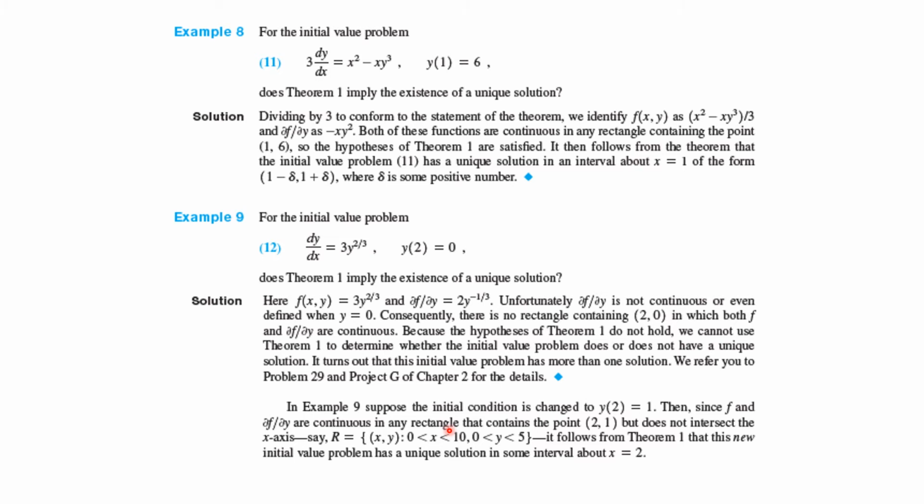Then f and the partial of f with respect to y are continuous in any rectangle that contains (2, 1) that does not intersect the x-axis. So it follows from theorem 1 that this new initial value problem has a unique solution in some interval about x equals 2. So you see the initial condition matters. It matters big time.